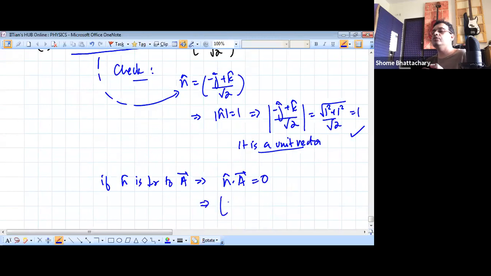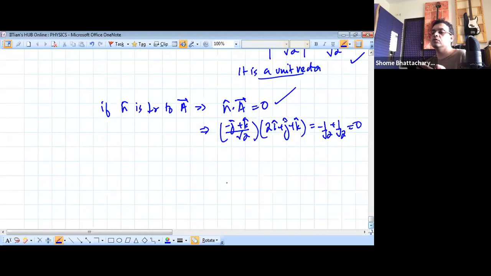So dot product of minus j cap plus k cap whole thing by root 2 with the vector A. Now, the vector A given to us in the problem was 2 I cap plus j cap plus k cap. So that's equal to how much? It is minus 1 by root 2 plus 1 by root 2. That's 0, so that means this is also correct.